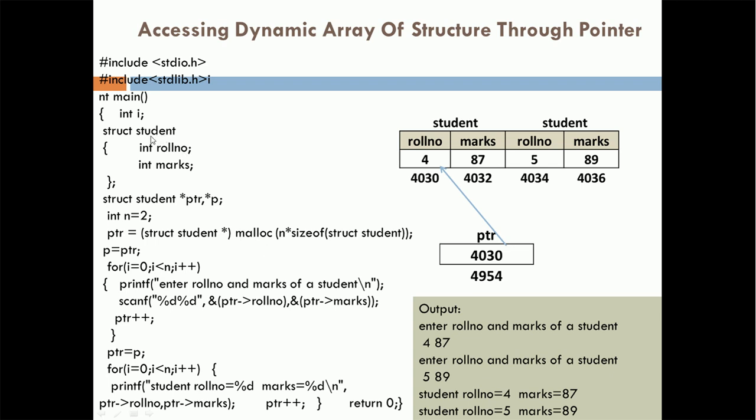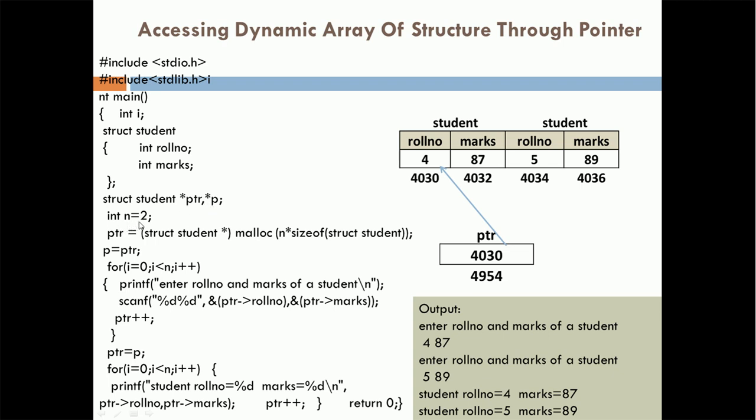In this program we have again created one structure with the name student, having the fields roll number and marks. We created one pointer variable of type struct student star ptr, and there is one more pointer variable p. Later on I will inform you why we have created two pointers here.